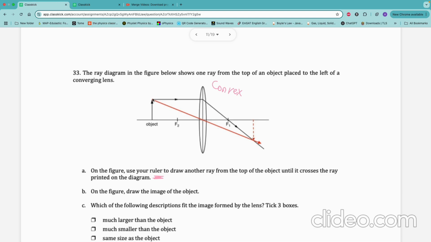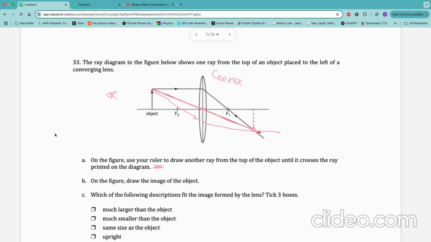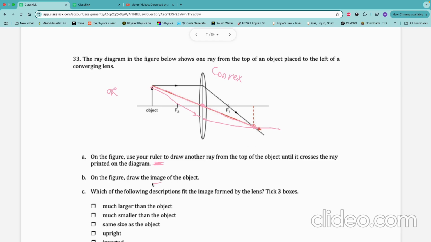Either use the rule that it passes through the center of the lens, so it will move straight, or it passes through the focal point, then it will refract, passing parallel to the principal axis. And of course you need to identify the location of the image. The meeting point of the refracted rays is where the image will be formed.